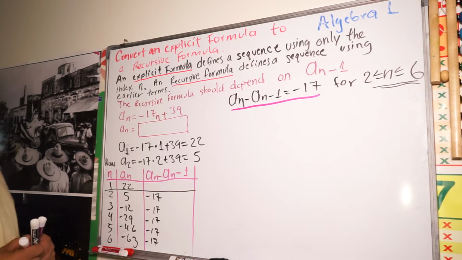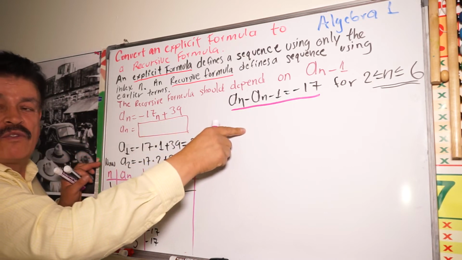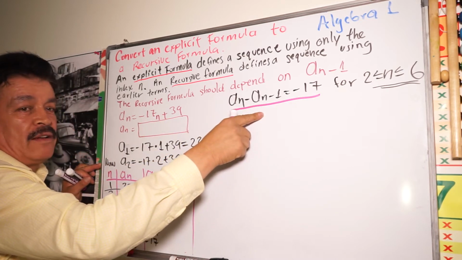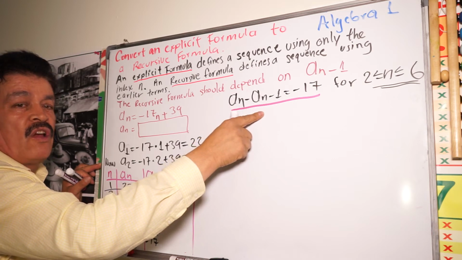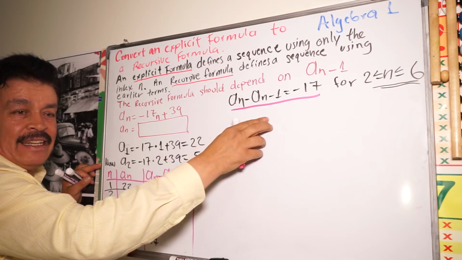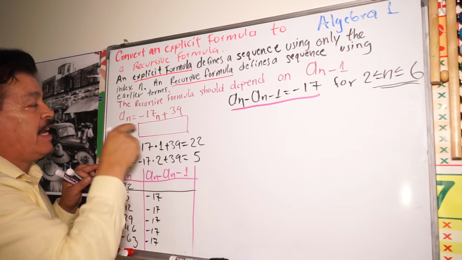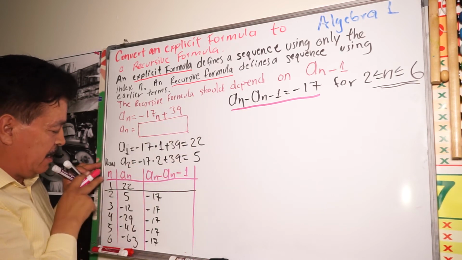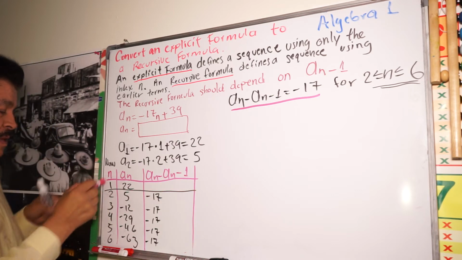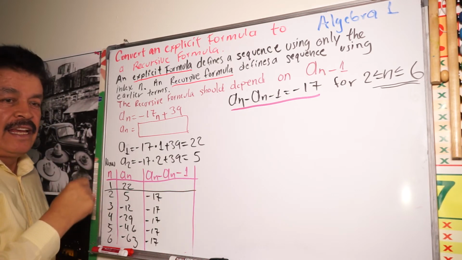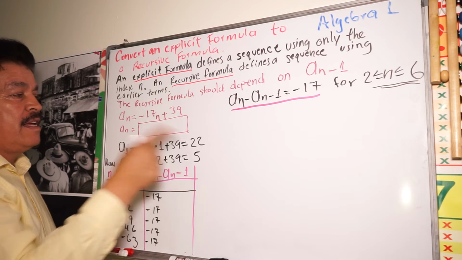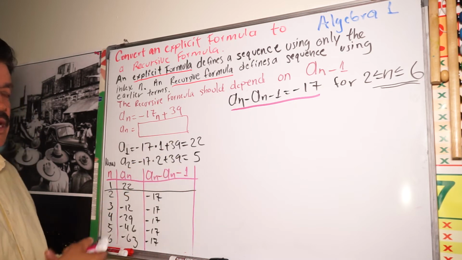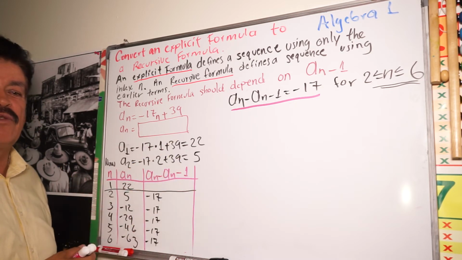Okay, to verify, now we have to verify that this formula works for any n, or the numbers that we give it. This process: substitute the given explicit formula into the recursive formula.